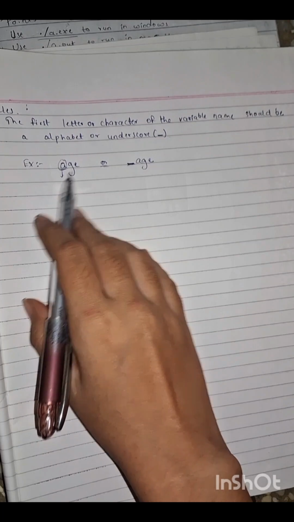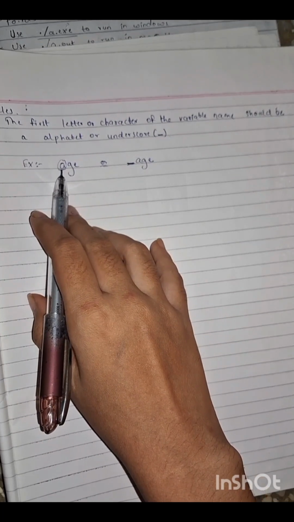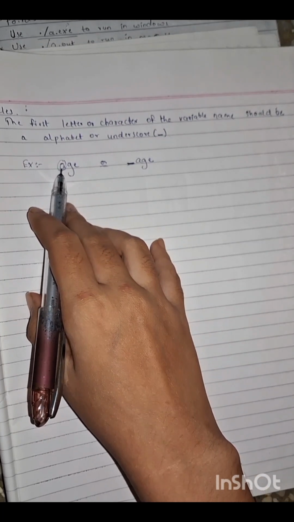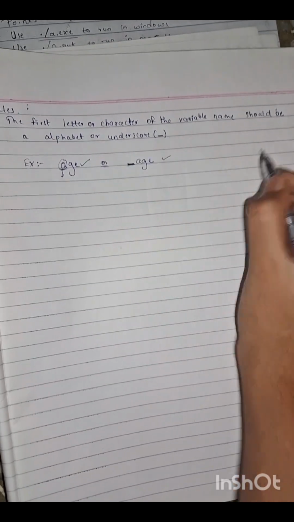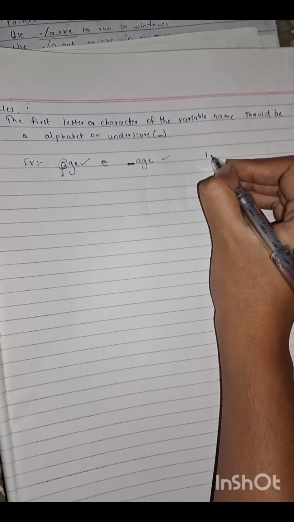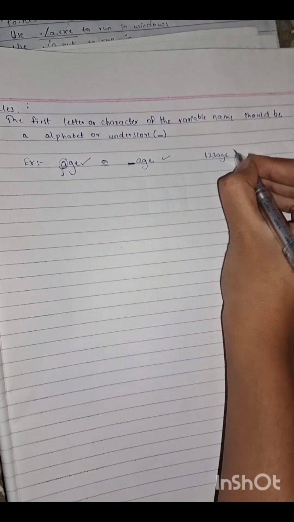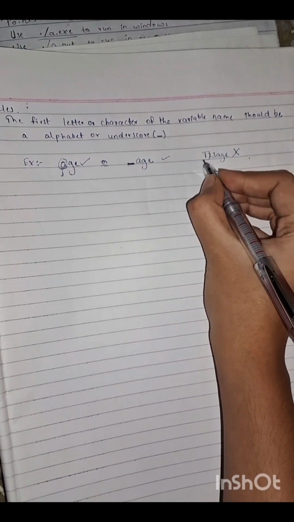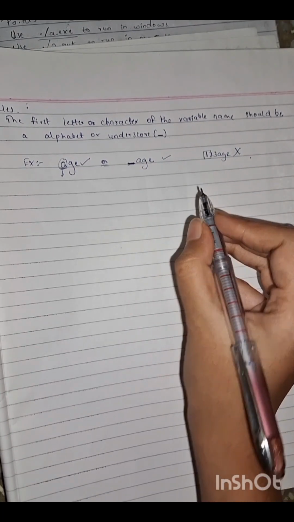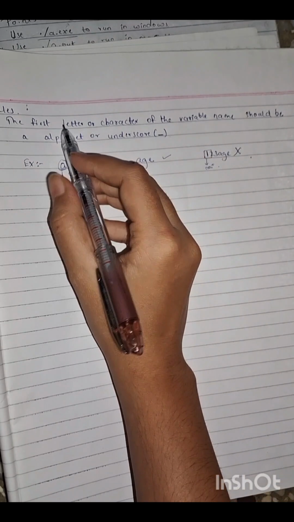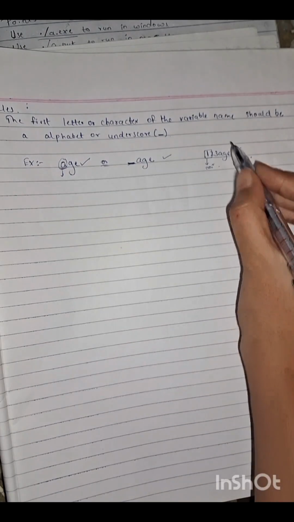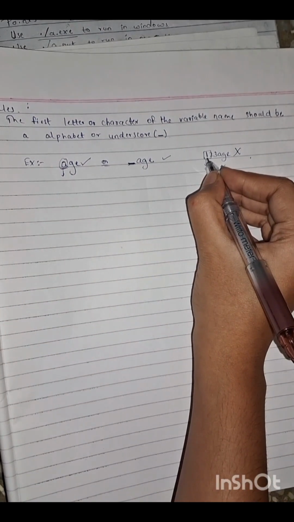So the first character should be any letter you can use, or you can use an underscore. These both are right, but if you write 123age, this is wrong, because the first character or first letter is a number. So this does not abide by the rule.